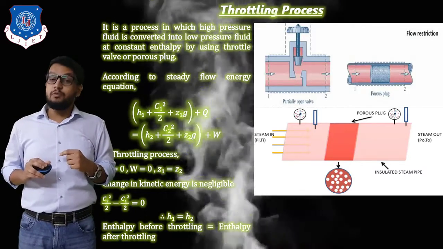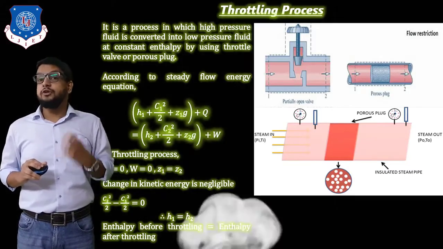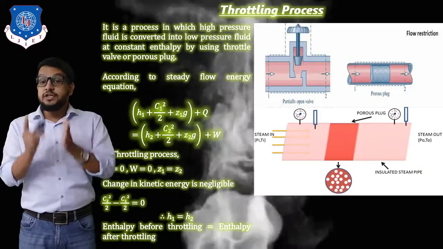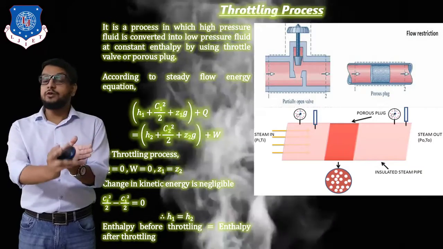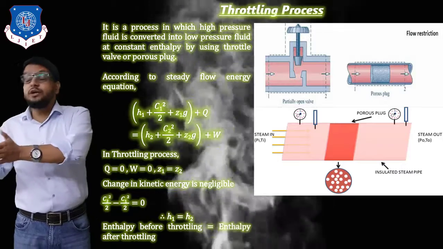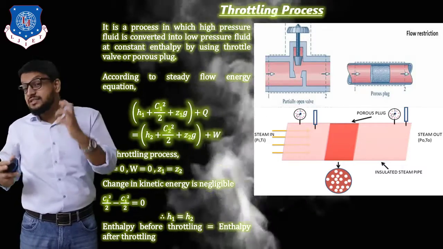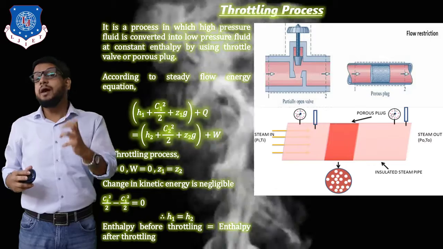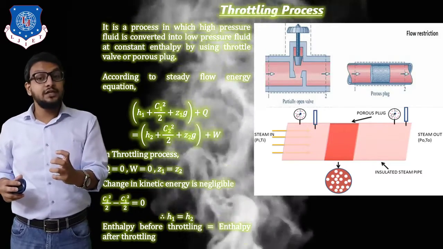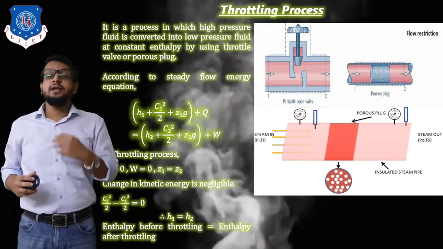So this is the most important result obtained during a throttling process. Steam before throttling, if it is a wet steam, will get converted into a superheated steam, and this concept is used for determining the dryness fraction of a wet steam while we study a throttling calorimeter.